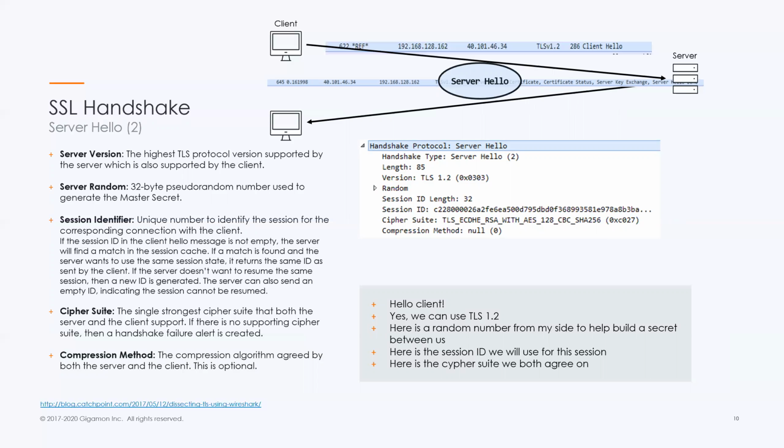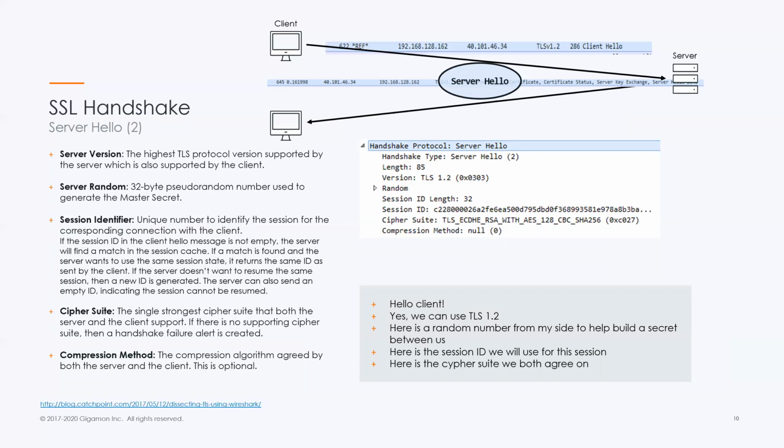Using that information as well as other information, they can create a unique what's called pre-master secret, but more on that later. There's a session identifier. That's a unique number to identify the session for the connection to the client. If the session ID in the client hello message wasn't empty, the server is going to look in its session cache to see if it can find a matching session, because the client is requesting to pick up a pre-existing session.